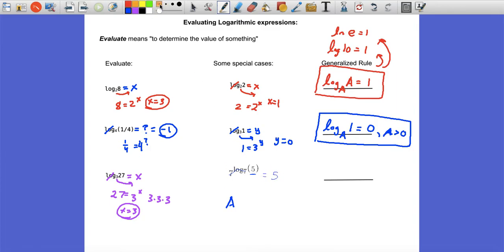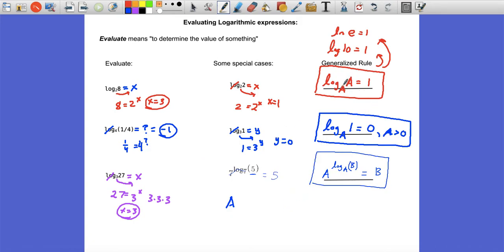So our generalizable rule here is when you have a to the power of log base a of b, so we've got a raised to the power of a logarithm, and these two are the same, this will just equal b. There's our third generalizable rule for evaluation.